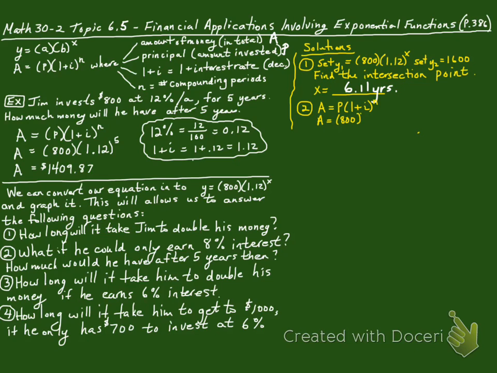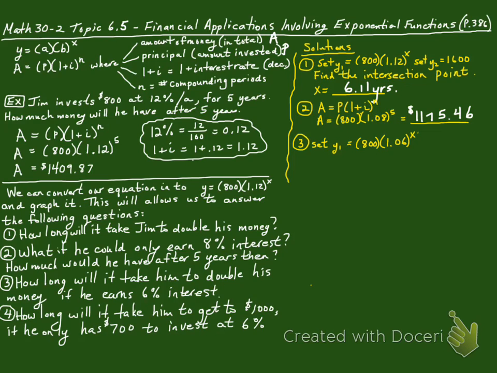Number 2. A is P times (1 plus i) to the power of n. A is 800 times 1 plus 0.08, because our interest rate now is only 8%. 1 plus the interest rate is 1.08, and that tells me it's going to be $1,175.46.